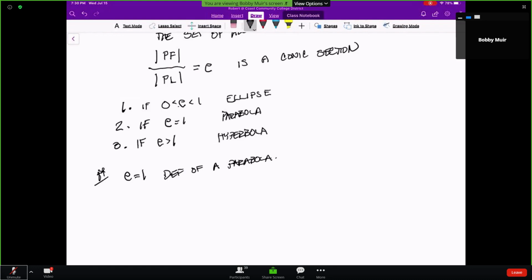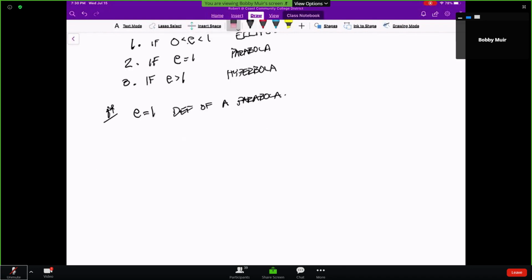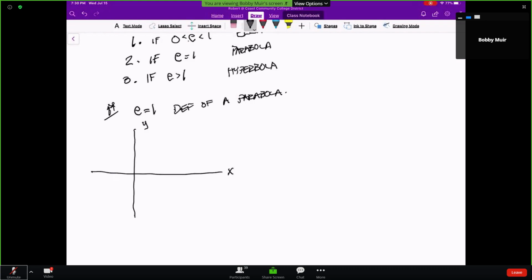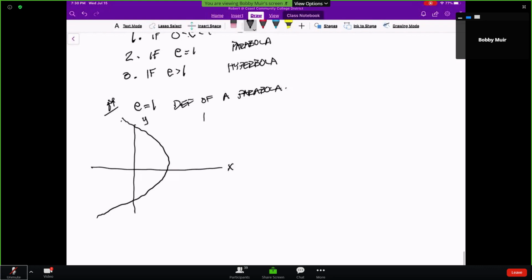So what he does in the textbook is draw his y-axis and his x-axis, and this is the line x equals d. So this is some d right there.